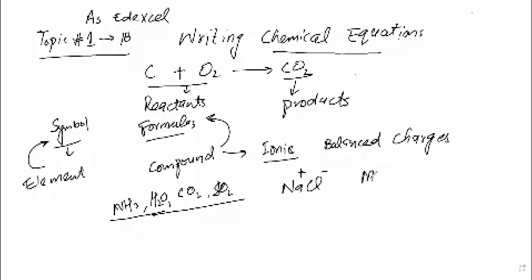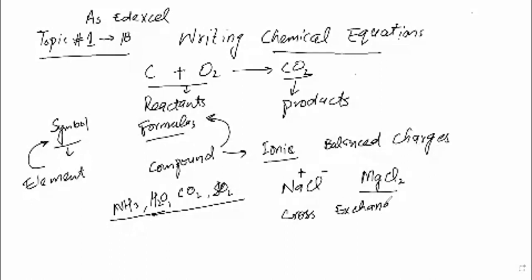If we have Mg, okay, and then its formula is MgCl2. How would we get its formula? That is the next step, that we need to know their charges, and that is a method which is known as the cross exchange method. You must have studied in O levels.